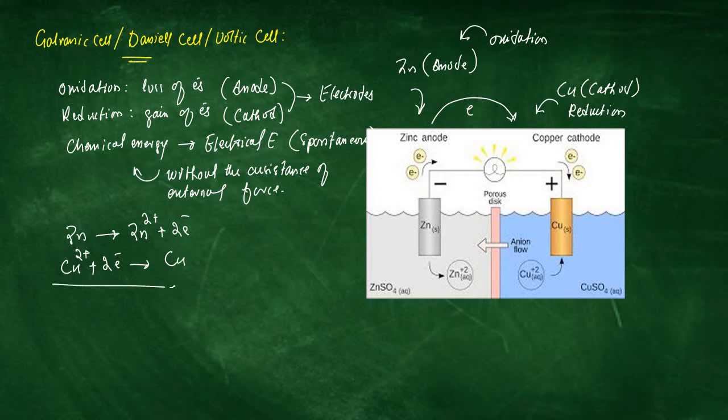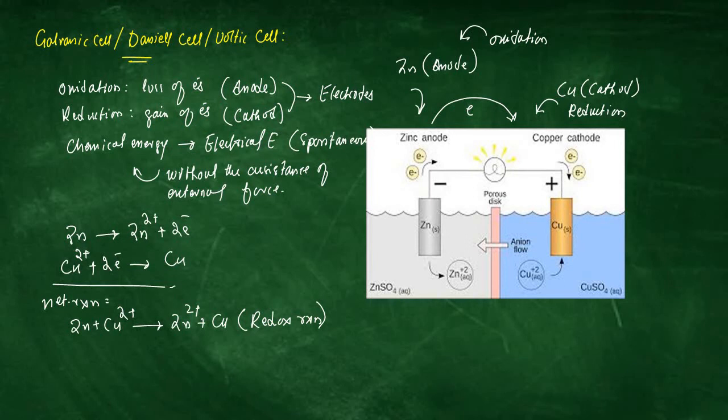As a whole, the net cell reaction is, which is a type of redox reaction. So it is this redox process that generates electricity in a galvanic cell.